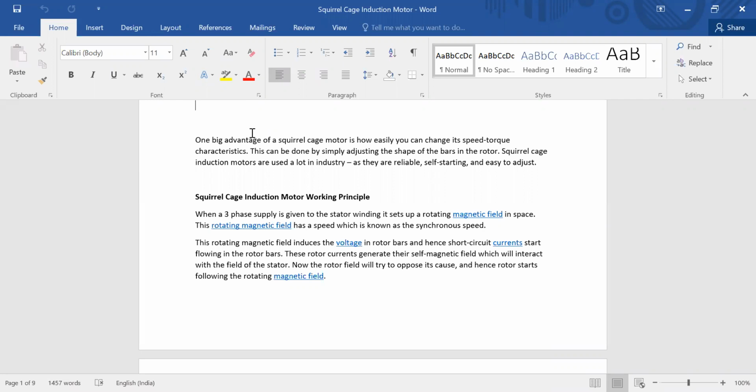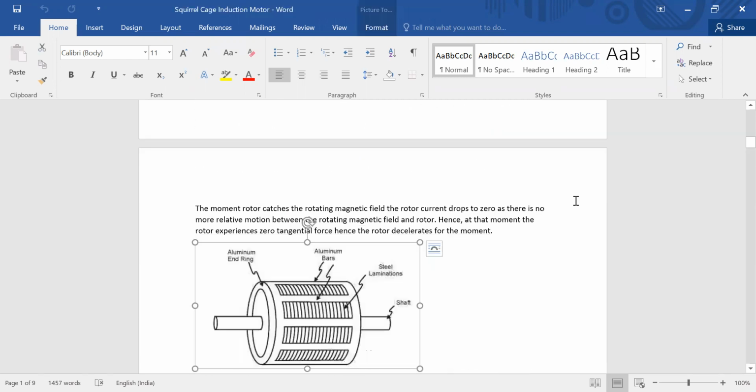Now the rotor field will try to oppose the cause, and due to that the rotor starts following the stator magnetic field. It will move, and the torque will be reduced.